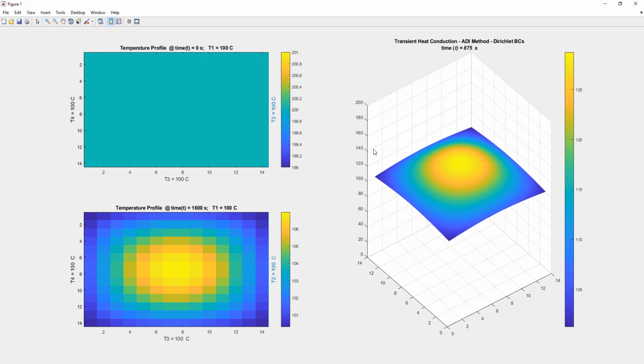We can watch this for a little while. The temperature profile on the animated plot on the right hand side should match the temperature profile shown at the bottom left hand side at the final condition.